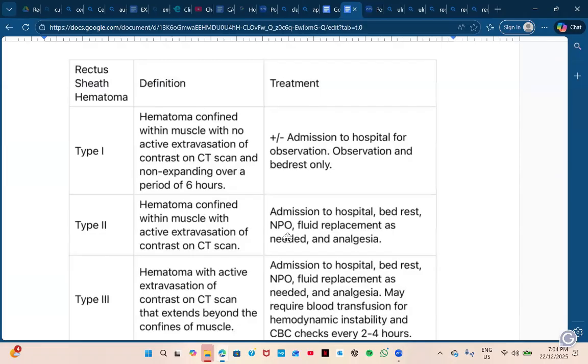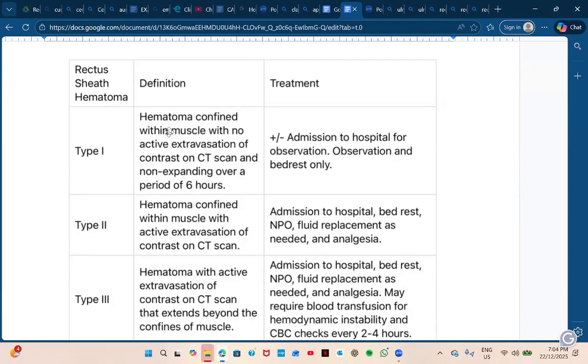And you have to remember the stages of rectus sheath hematoma, like the types. So what are these types? Type 1 means the hematoma is confined within the muscle with no active extravasation. Extravasation means leaking. This hematoma is limited to within the muscle, and there's no leakage out of the muscle. So that is type 1.